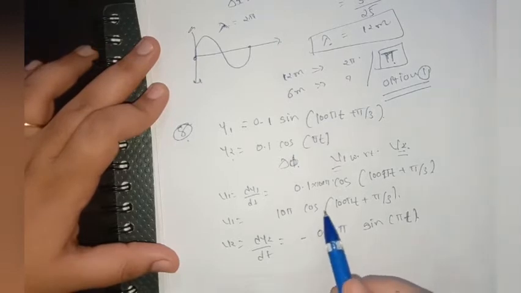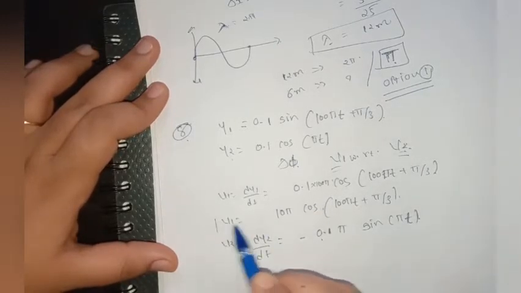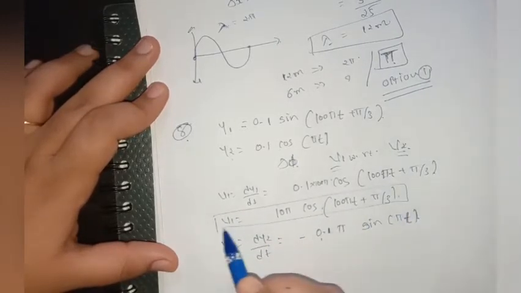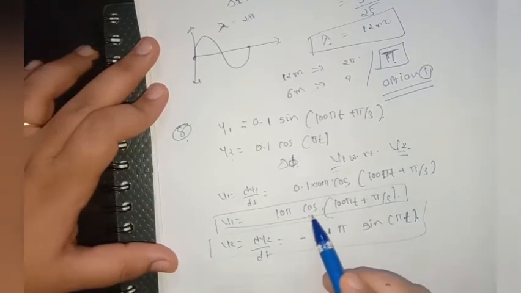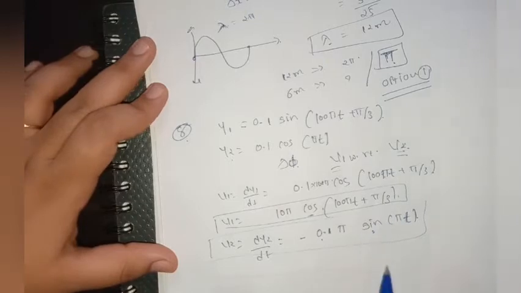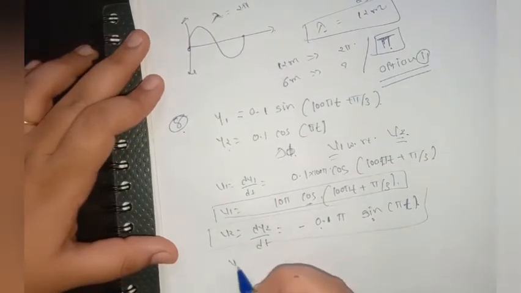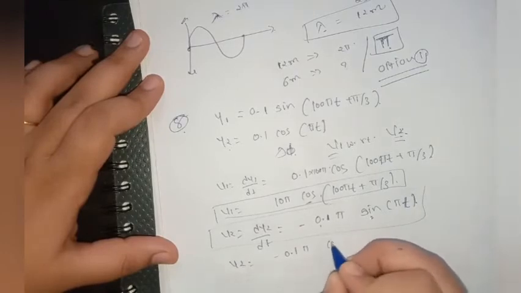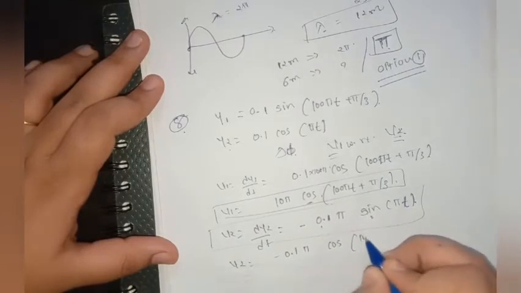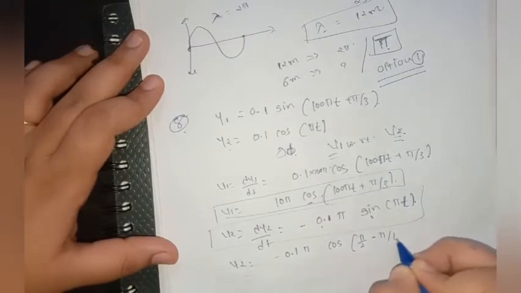To find the phase difference, both equations should contain same trigonometric function. Here this function is cos, this is sine. We can convert it. So v2 will be minus of 0.1 pi cos of pi by 2 minus pi t.